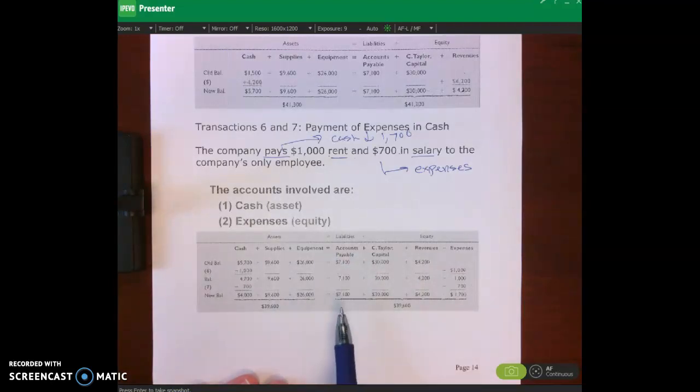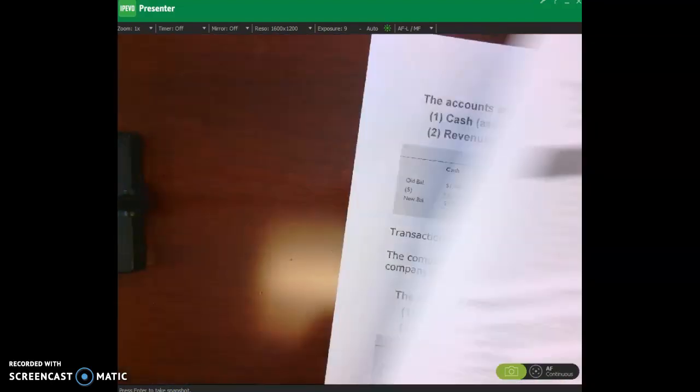Then on the liabilities and equity side, I have my accounts payable still $7,100, my capital of $30,000 plus my revenues of $4,200, and then expenses decrease equity, so I subtract my $1,700 of rent and salary expense to give me my total liabilities plus equity equals $39,600. The accounting equation, assets equals liabilities plus equity, stays in balance.